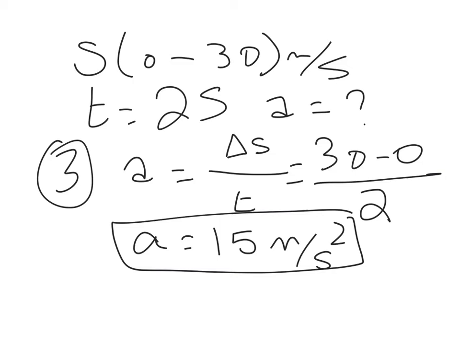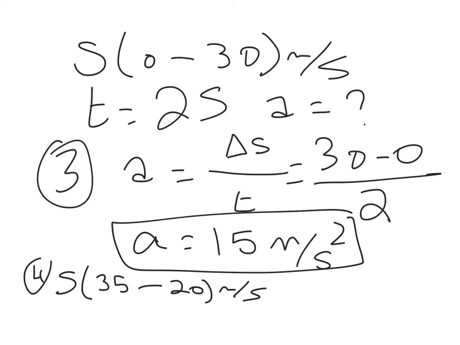Number 4 says if a car slows down from 35 meters per second to 20 meters per second in 7 seconds. Again, we have a speed that slows down from 35 to 20 meters per second.